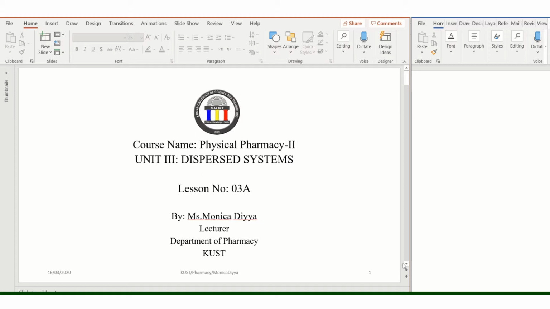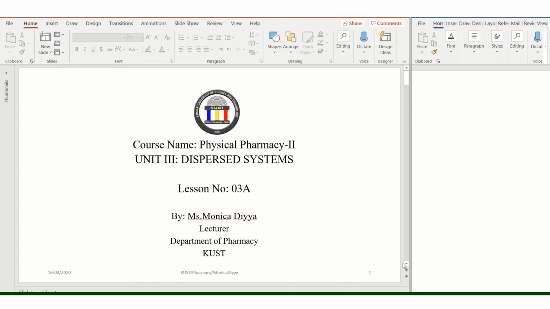In the previous semester, we dealt with how we can prepare suspensions and emulsions, and what the actual stability parameters of a suspension are. How can we improve the stability of a suspension?